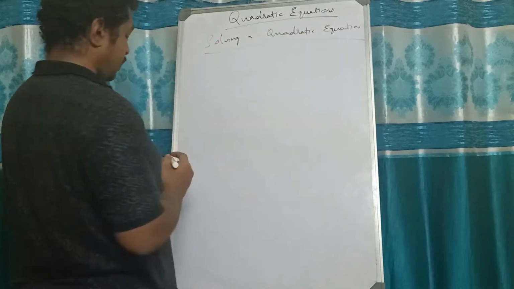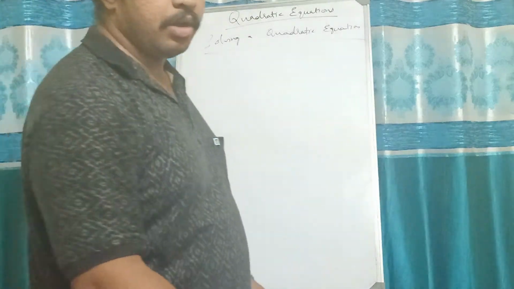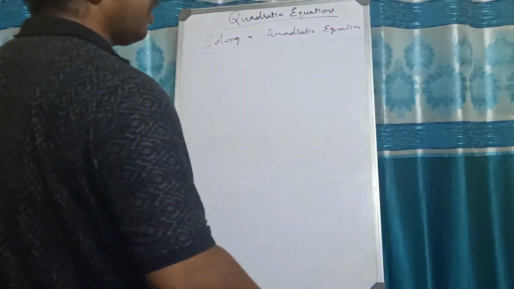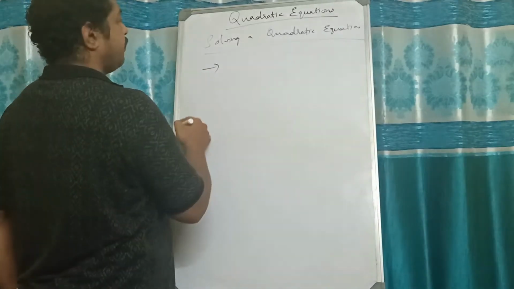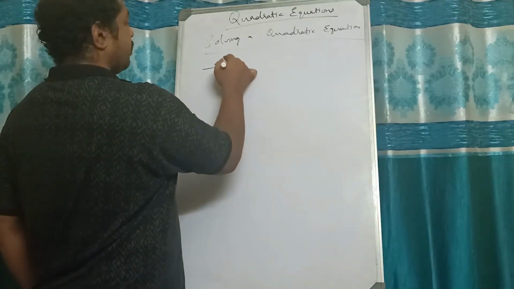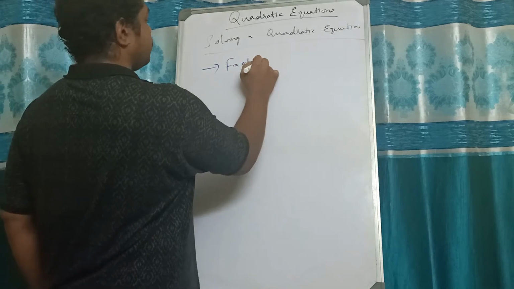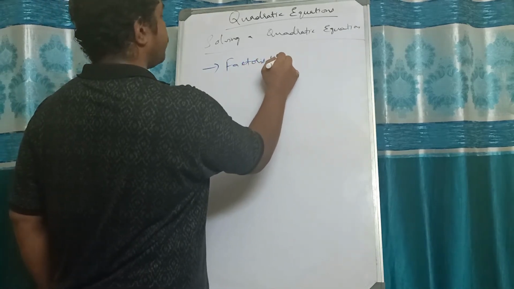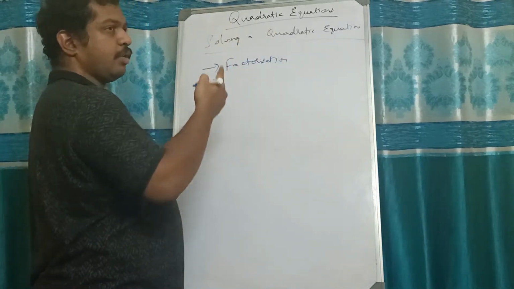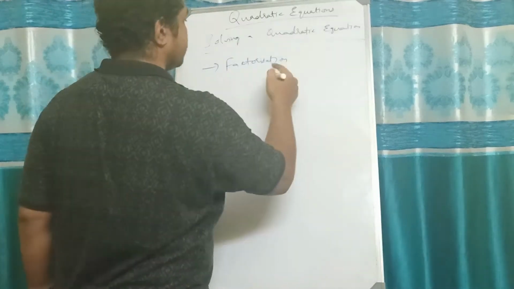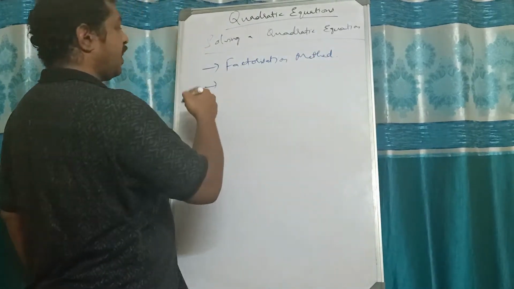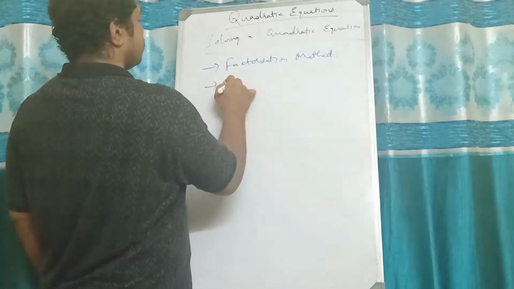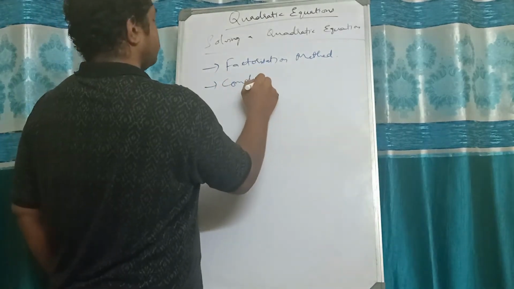As we all know, there are three different methods of solving a quadratic equation. The first one is the factorization method, the normal way which we usually use to solve a quadratic equation. The second one is the completing the square method.